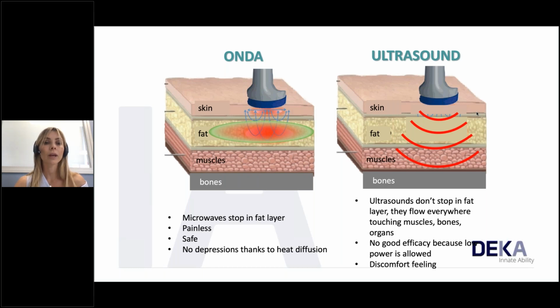On the contrary, thanks to the high permittivity of the fat, Onda is able to heat the fat, melting the fat, but the microwaves are not able to cross the fat because the fat acts like a sort of shield to the passage of the microwaves.